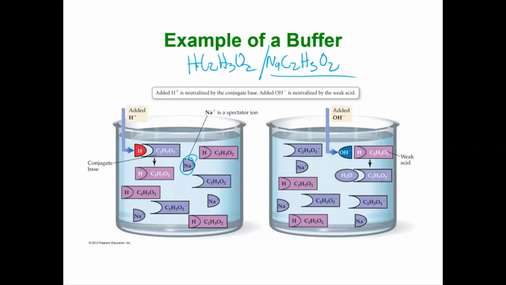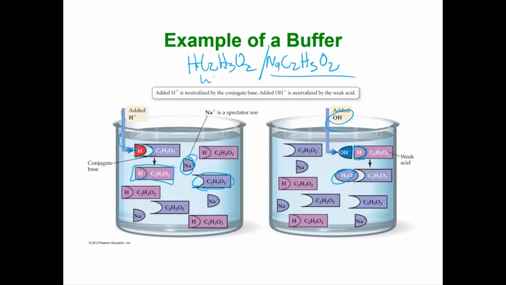The sodium dissociates because it's soluble, and now I have a bunch of acetate. So if I add acid, the acetate comes in, binds to it, and just forms acetic acid, which is weak and doesn't dissociate. It pretty much stays as a molecule. But if I add hydroxide base, the hydroxide will react with the acetic acid and break this bond to produce water and get neutralized. So that's essentially what buffers do.